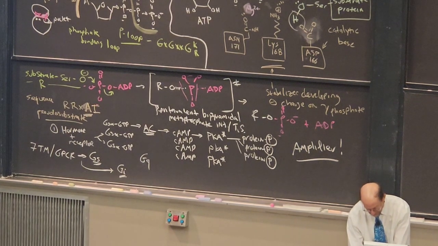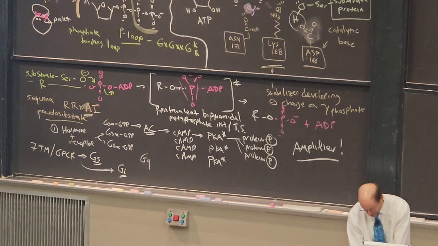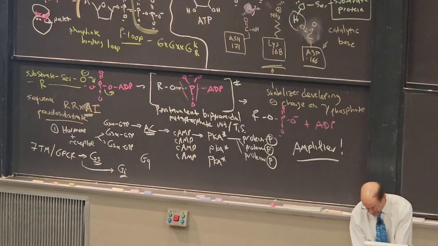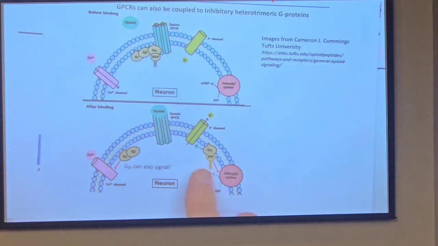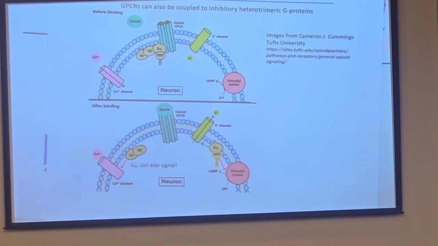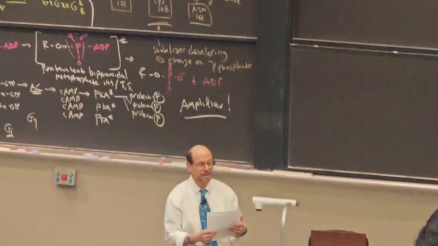When the opioid receptor binds, it actually does the same thing. It stimulates GTP exchange, but G-alpha I, shown here, bound to GTP, interacts with adenyl cyclase, but it blocks it. That's that red arrow. So the G-alpha subunit still can interact, but instead of stimulating adenyl cyclase, it inhibits it.